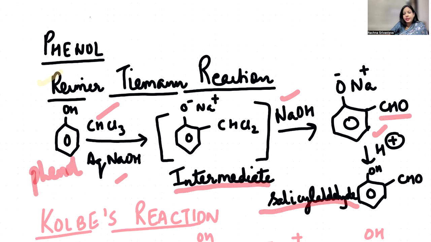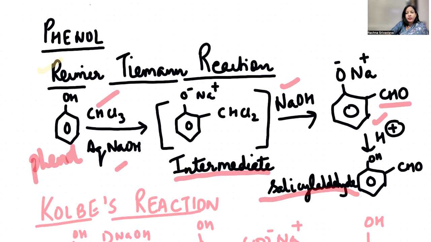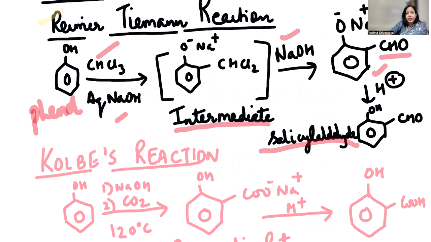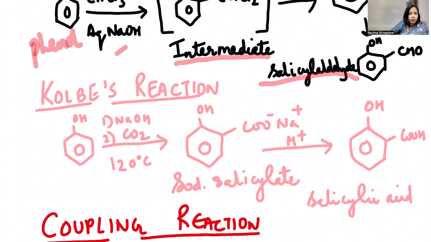Here you are getting salicylaldehyde. So I hope you have understood this Reimer-Tiemann reaction. Please practice, and again as I said, please do not forget to write the IUPAC names. They are very important. If you don't write your IUPAC name, you miss out on something very important.